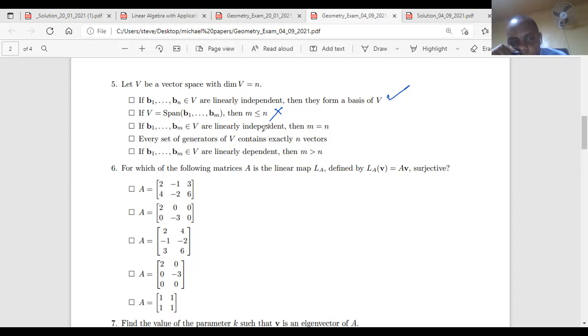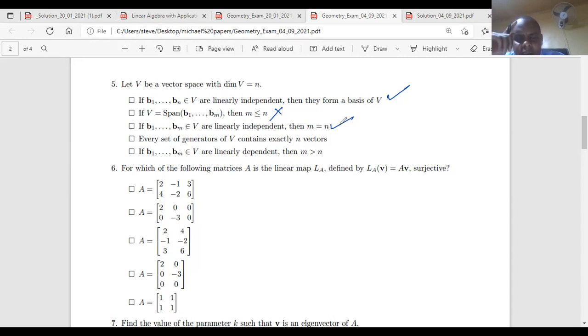Yes. If B1 up to Bm in V are linearly independent, then M equals N. That's true. But maybe it's true. No, that has to be true. Mm.